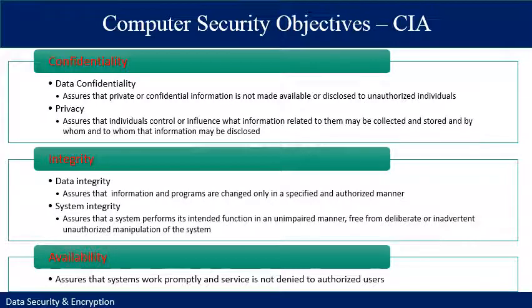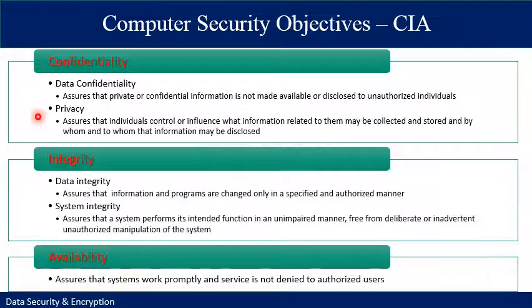Data confidentiality, as the name suggests, assures that private or confidential information is not made available or disclosed to unauthorized individuals. Confidentiality is simple: you should not disclose any information to an unauthorized user in any network or communication. Number two is privacy.